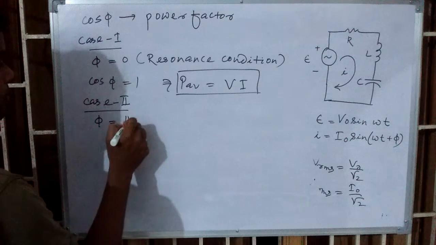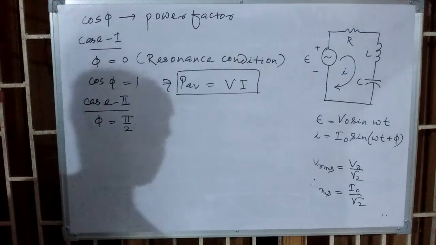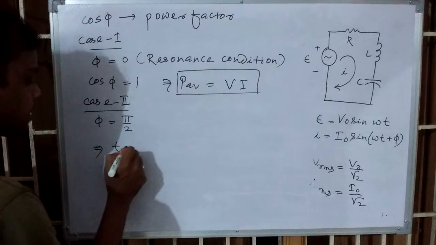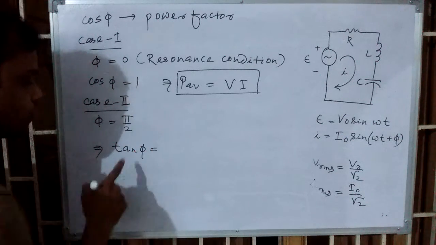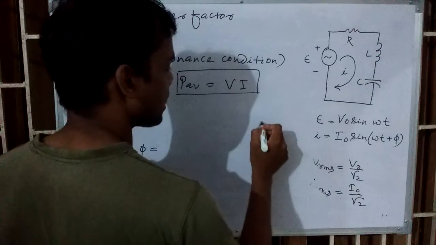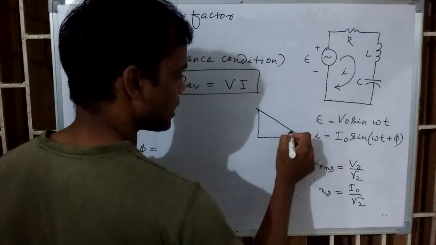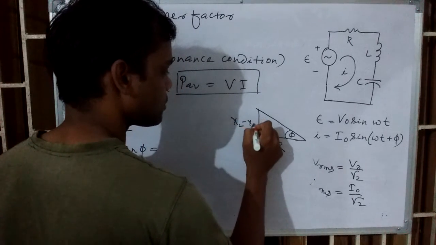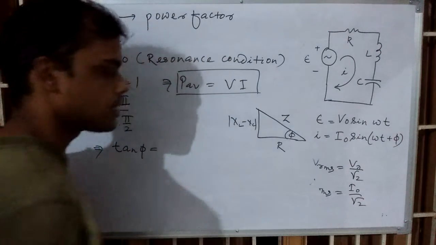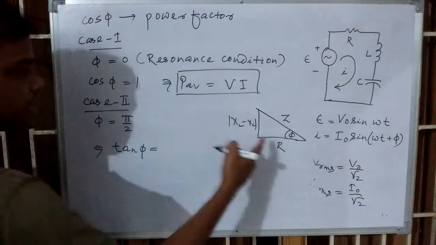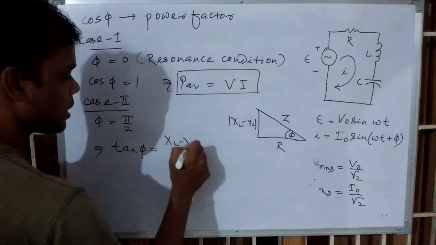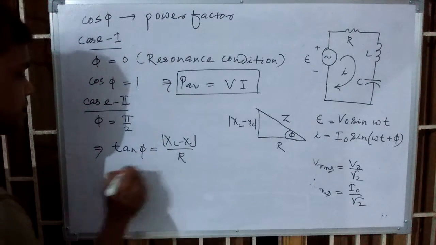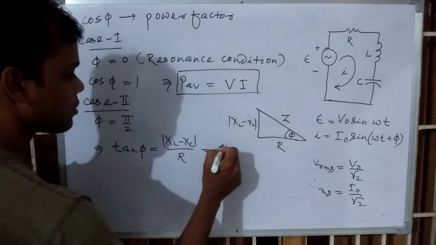Let phi be pi by 2. If phi becomes pi by 2, this implies tan phi. We do know, recalling from the triangle rule, that in this right angle triangle, this is phi, this is R, this is mod of XL minus XC, this is Z. Now tan phi is obviously mod of XL minus XC by R. Phi is 90 degrees, and tan 90 is nothing but infinity.